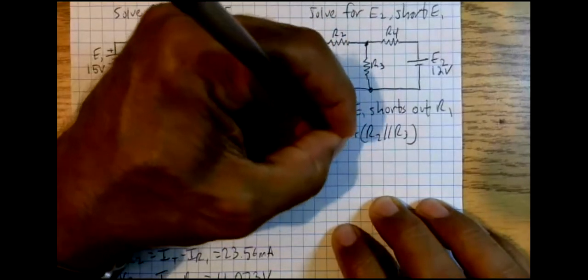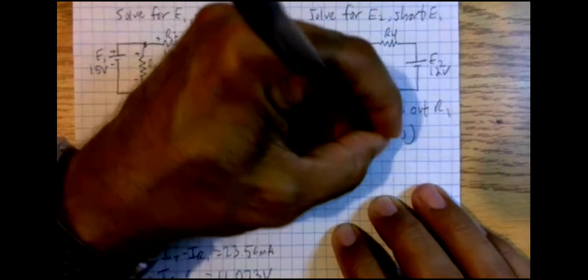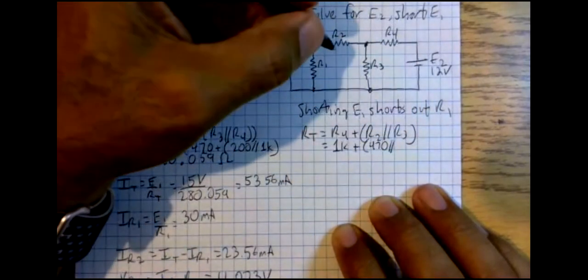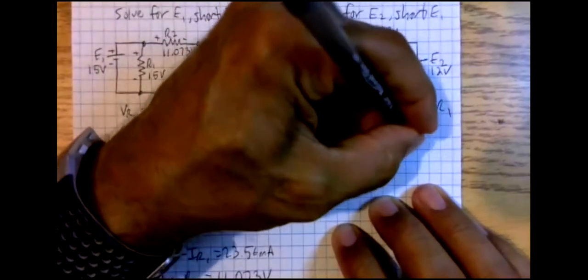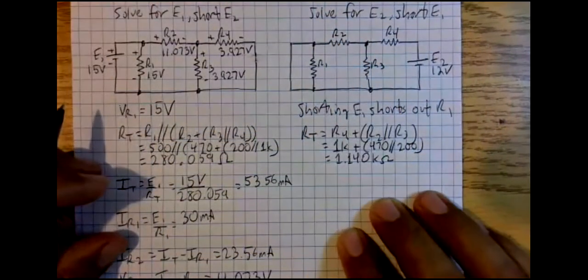R4 is 1K plus R2 is 470, parallel with R3, which is 200. And that gives us an answer of 1.140 kiloohms.